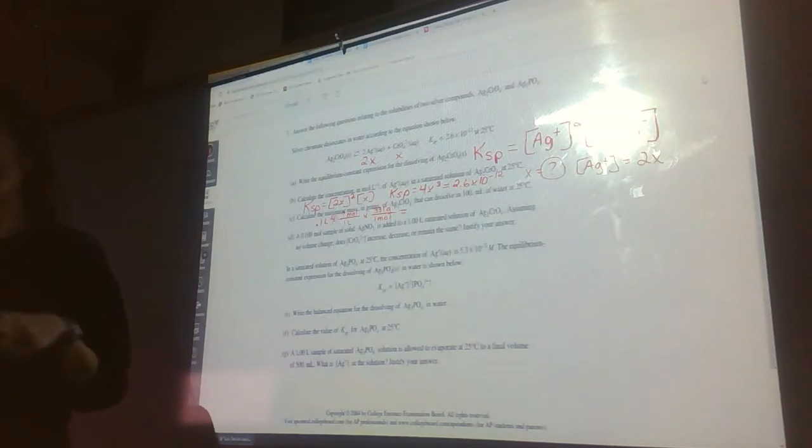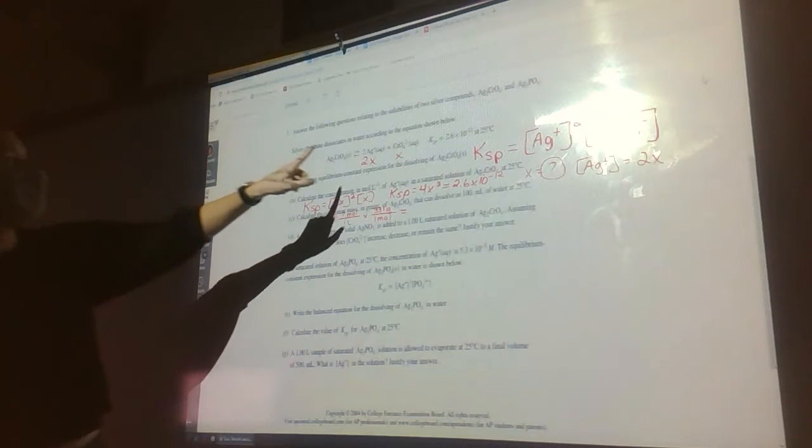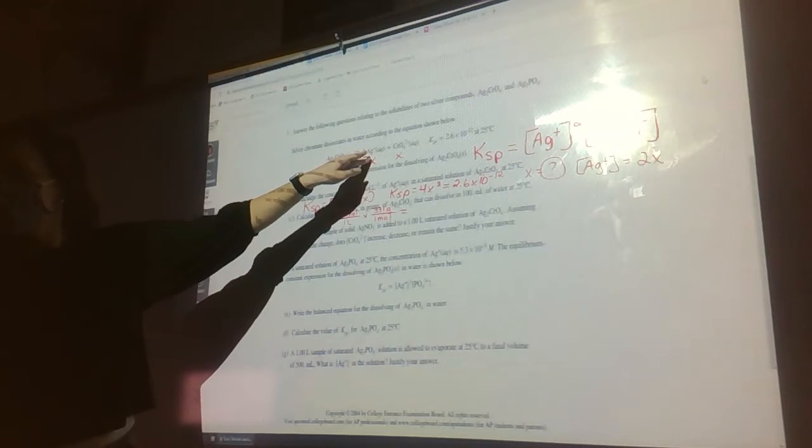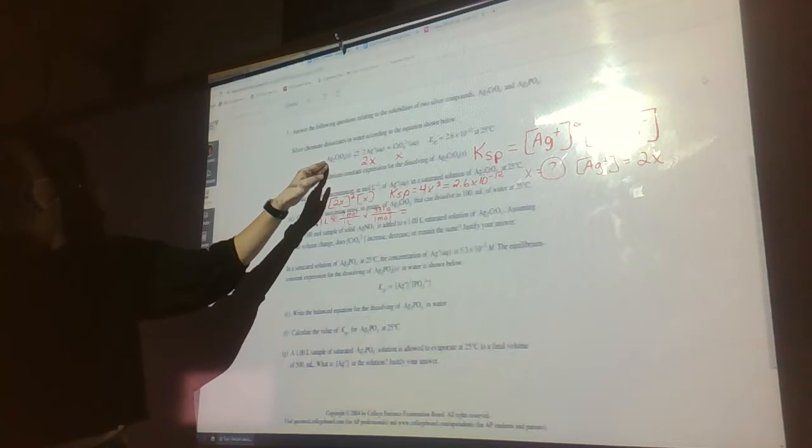And then the last part of this one, a 0.1 mole sample of solid silver nitrate is added. Assuming no volume change, does the chromate increase, decrease, or remain the same? So we're adding silver nitrate, which means we're adding silver, right? If I add stuff to this side, it's going to shift to the left.